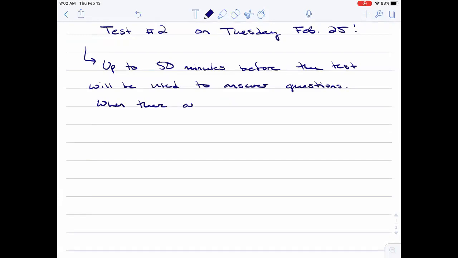When there are no more questions, we will start the test. Unlike last time, where we had class after that test, you'll just be able to leave.